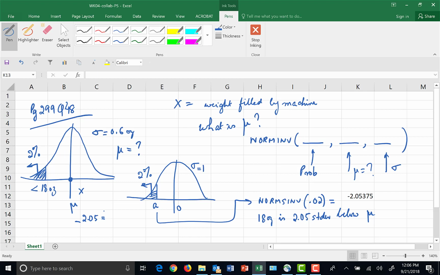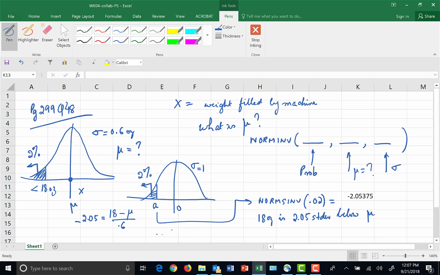2.05 standard deviations below the mean is minus 2.05, which is 18 ounces minus the mean, which we want to find, divided by sigma. So this is how we standardize values. So 18 ounces is 2.05 standard deviations below the mean, which means minus 2.05 is equal to 18 minus mu divided by 0.6.